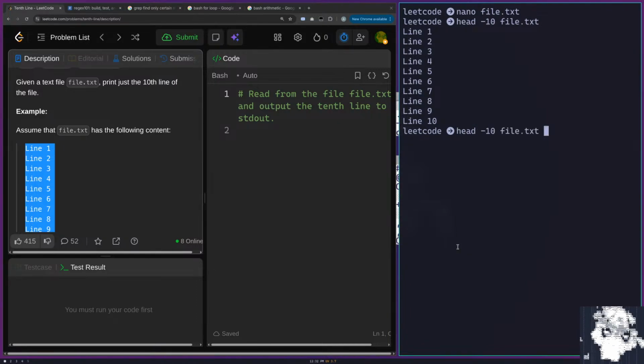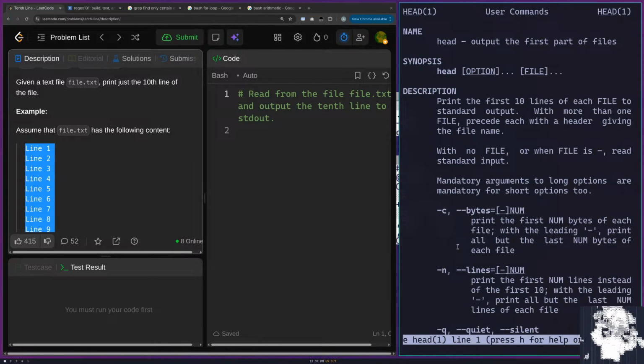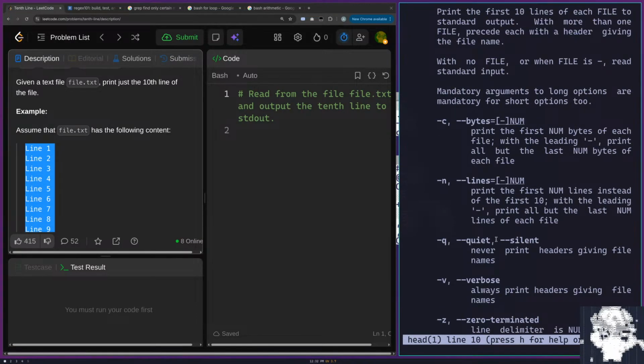So here's a really weird way to do this. If we, well, never mind, that wouldn't work. Okay, so head -10 is probably not the right way to do it. I wonder if head has something for this.